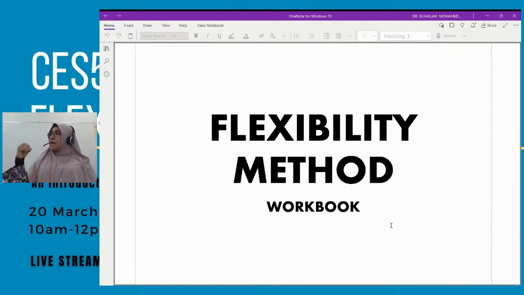This week we will look at the introduction first, because in flexibility method, understanding what flexibility method is, is very important. Even though we have 4 types of structure to analyze, starting with beam, then frame, then truss, and then we will touch a little bit on composite structure, which is a combination of truss elements plus frame, or truss elements plus beam.